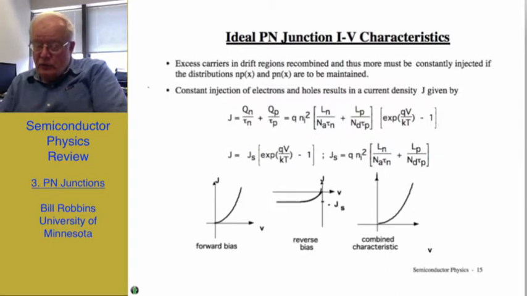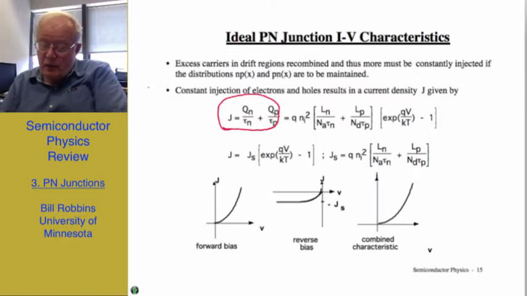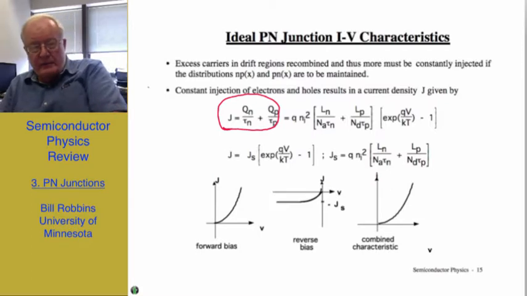The average current flow due to electrons on the p-type side is Q sub n over tau sub n, and the average current due to the excess holes on the n-type side is Q sub p over tau sub p. So, in the steady state, these two current terms are going to be the total current flow that's necessary to maintain those steady state distributions.